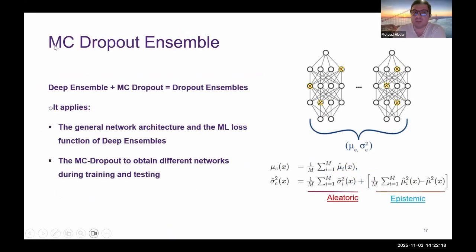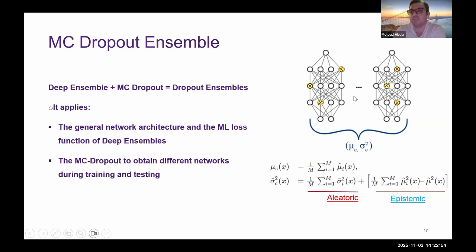We have something called Monte Carlo dropout ensembles, which is a very easy model, to be honest. If you remember, we were talking about MC dropout. During inference time, they have a network where they randomly exclude some of the nodes. For example, here it is 0.3, so 30% of the nodes are excluded at random.